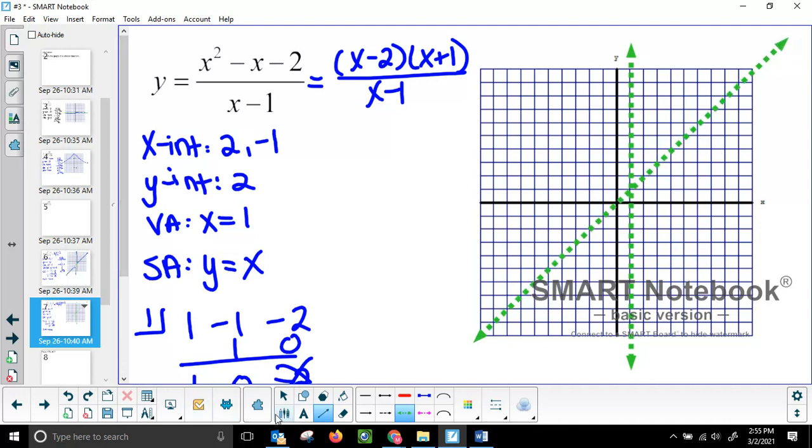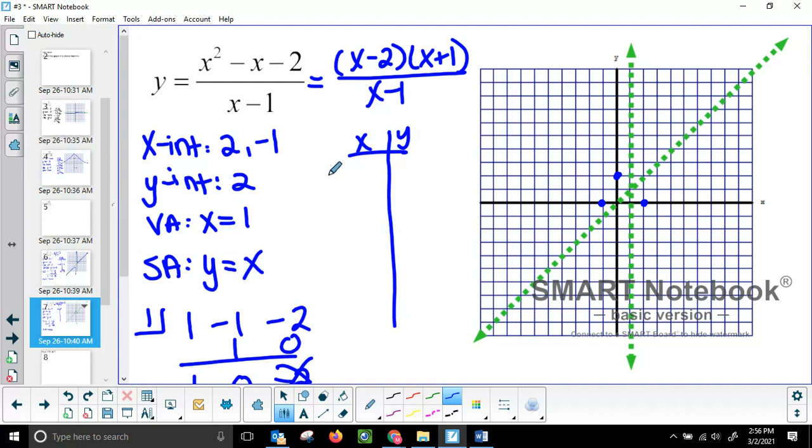We will have x-intercepts at -1 and at 2, and a y-intercept at 2. We do need to find some extra points here. So -10 works. We have a y-intercept of 2, so 3 and 1 and 10.